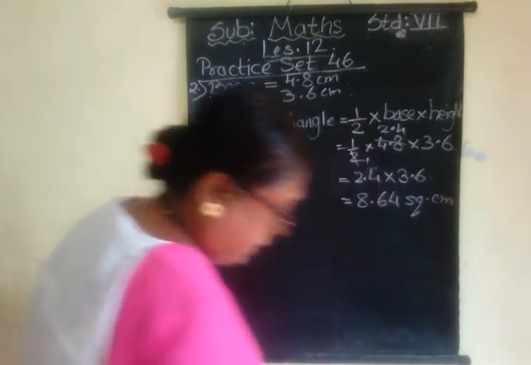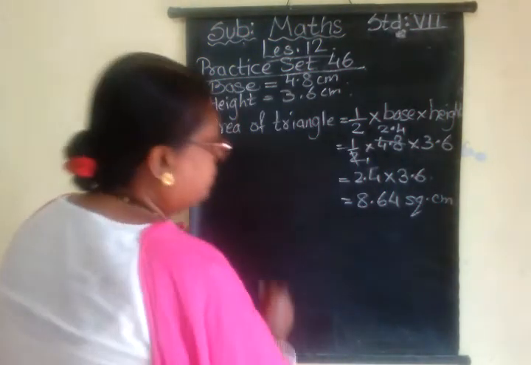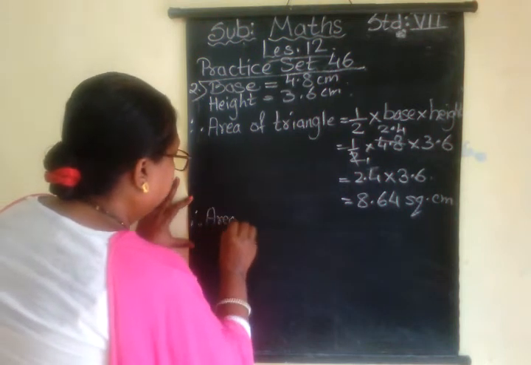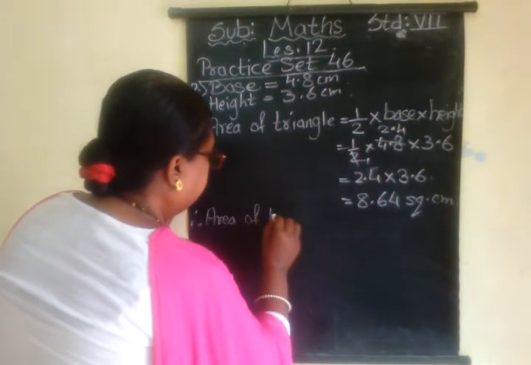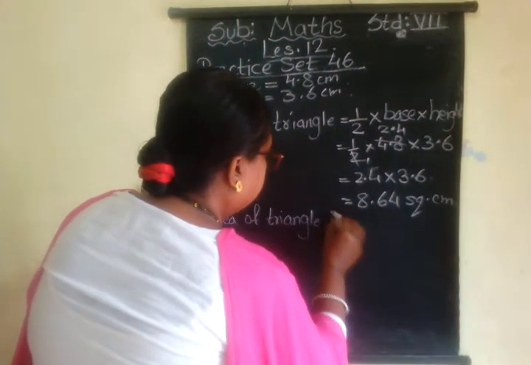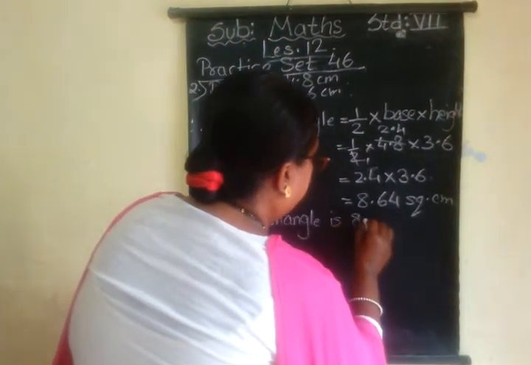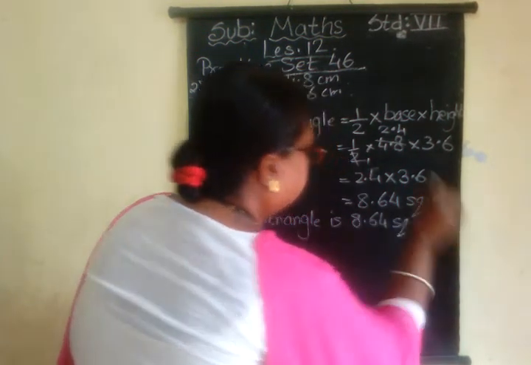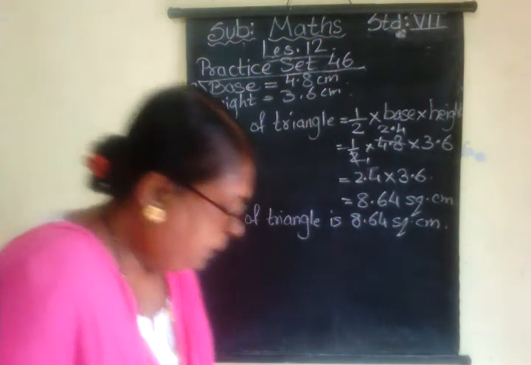So area of triangle is 8.64. Therefore, area of triangle is 8.64 square centimeter. So this is your second sum.